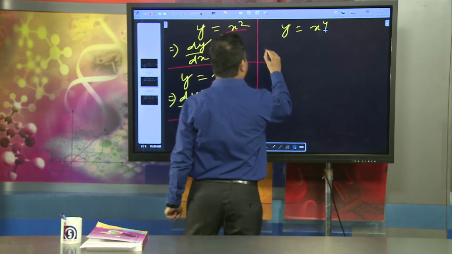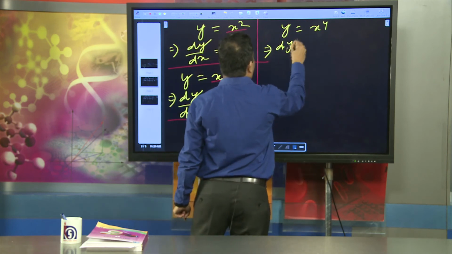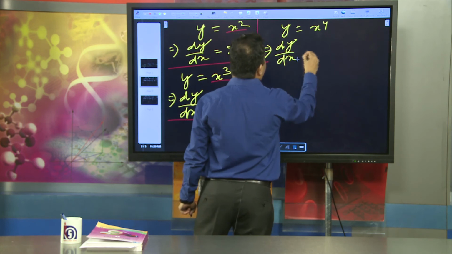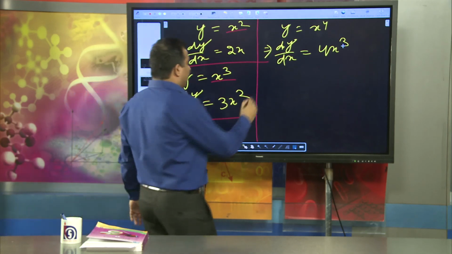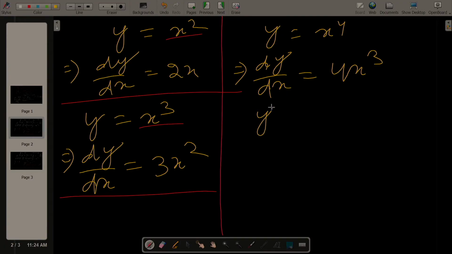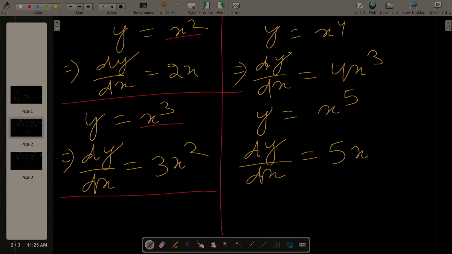So you will get dy by dx equal to 4x cube. Definitely you will get that. Okay. Suppose I take y equal to x to the power 5, you will get dy by dx equal to 5x fourth. This answer you will definitely get.